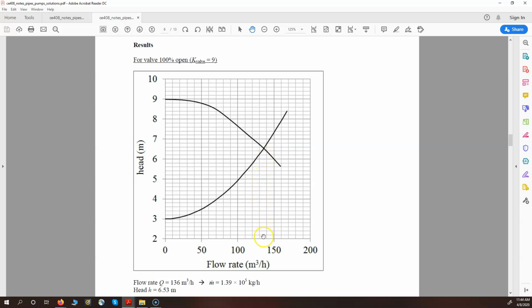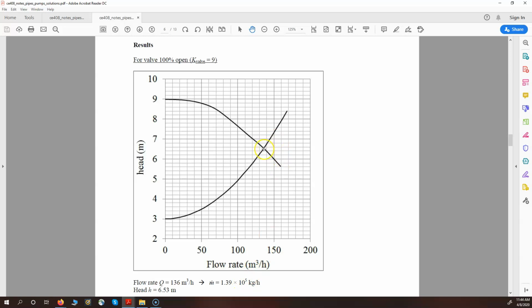So I read down here, it looks like the flow rate will be 136 cubic meters per hour, and the head required to move the fluid through the pipe at that flow rate looks like about 6.53 meters. And of course, you can convert the volumetric flow rate to a mass flow rate if you know the density, and that's 1.39 times 10 to the 5 kilograms per hour.